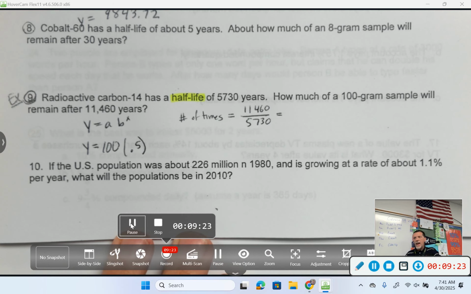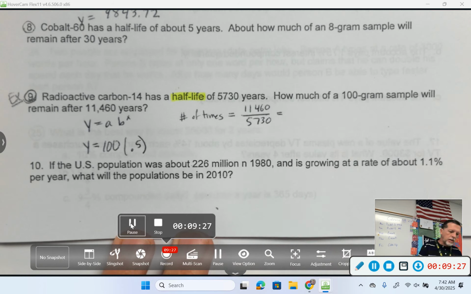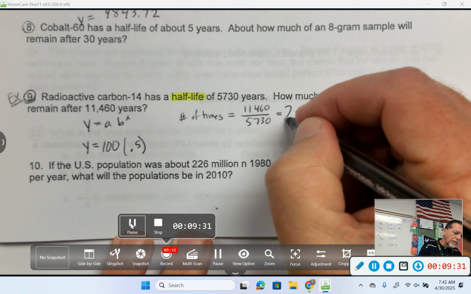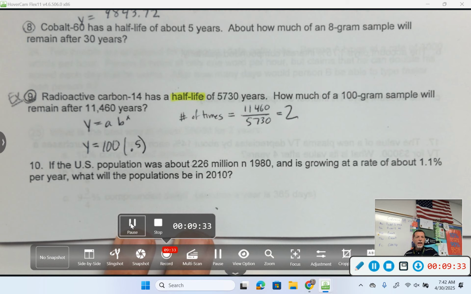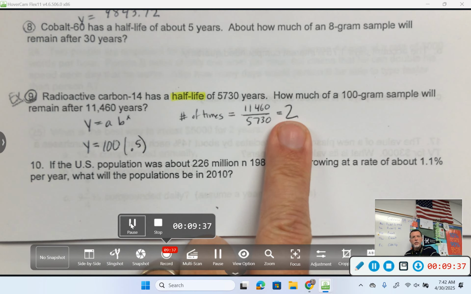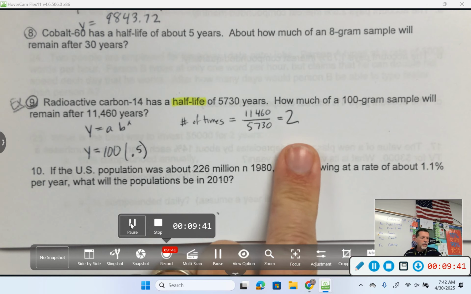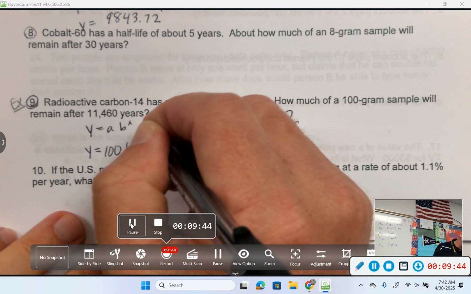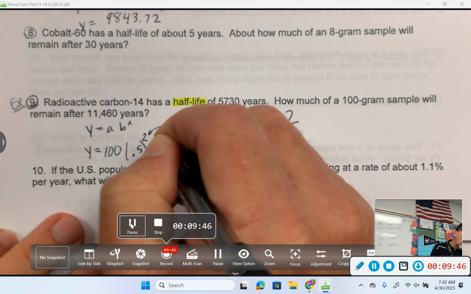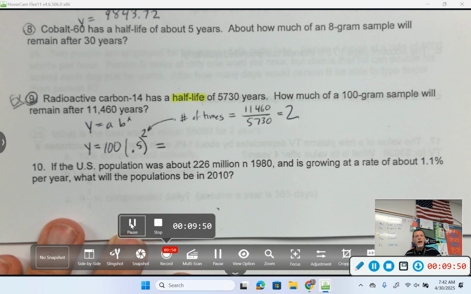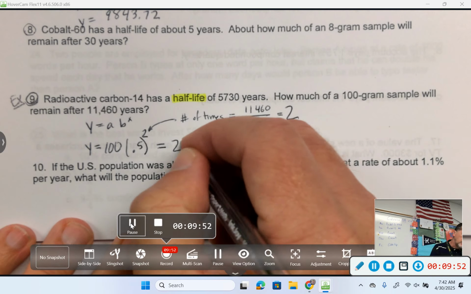If it cuts in half every 5,730 years, then if we divide 11,460 by that, well, that's 2, so we don't have to use a calculator for that. We'll cut in half twice. Now, it doesn't always turn out to be a nice integer, but whatever that division gives you, that's what you use for the exponent. I don't need a calculator for this one, because 100 times a half would be 25.